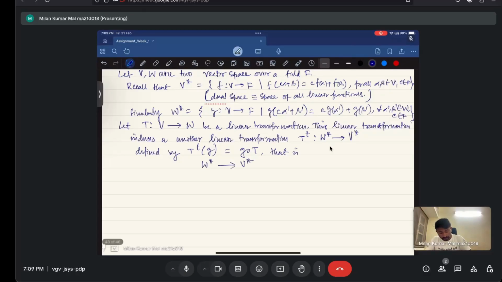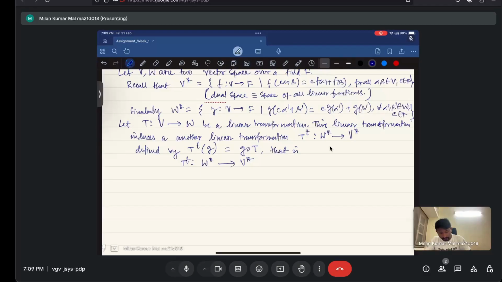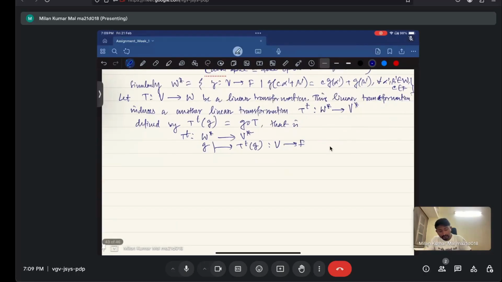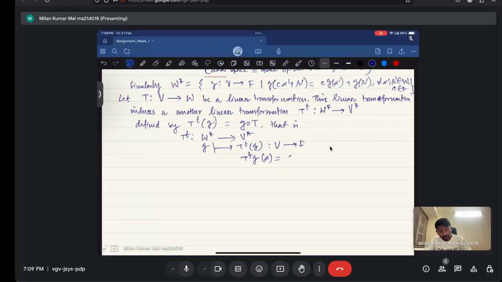So T transpose sends any element g to a new element T transpose g, which is a map from V to F, and T transpose g at any element alpha is equal to g of T alpha for all alpha belonging to the vector space V. Okay, this is called the transpose of the linear transformation.